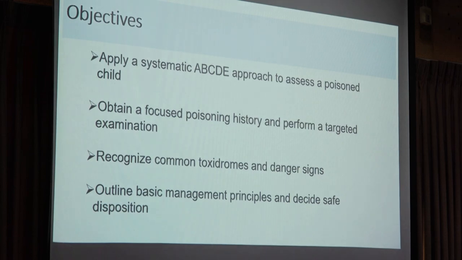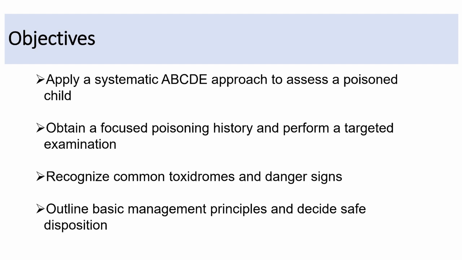My objectives are to apply the ABCD, that means initial assessment and initial management of the poisoned child, as well as focusing the history and targeted examination of the poisoned child, as well as recognizing the toxidrome.